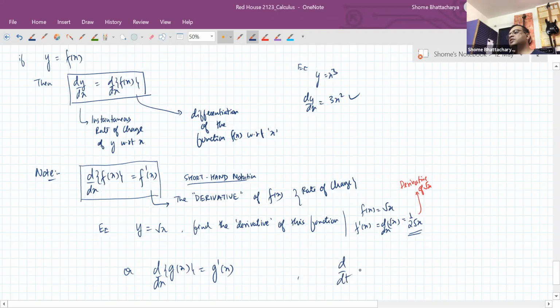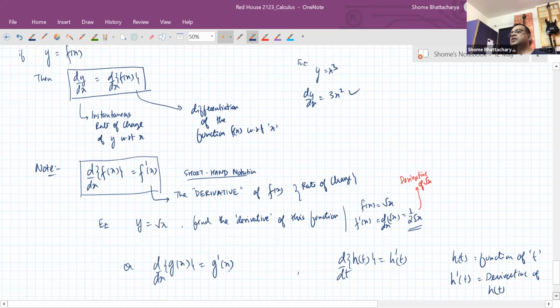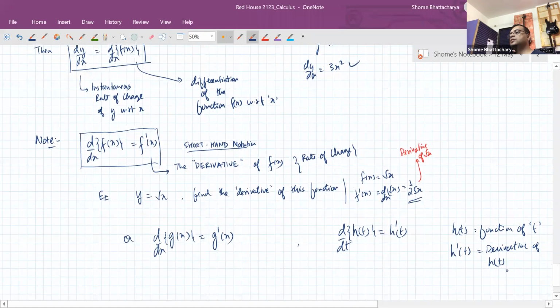So differentiation with respect to time of some other function, let's say h(t), is h prime t. Typically the variable is time. So h prime becomes the derivative of h, meaning it is the instantaneous rate of change.